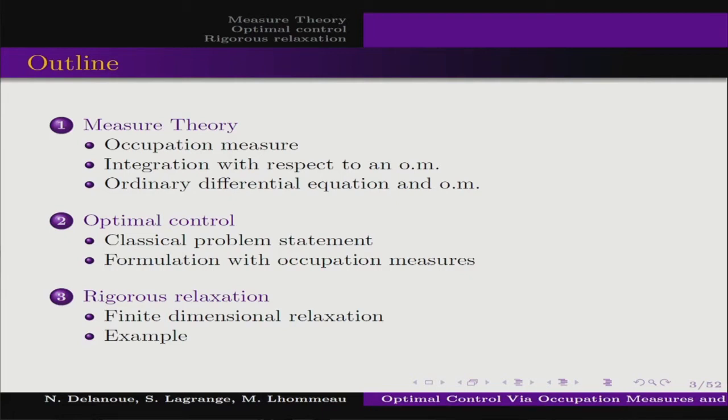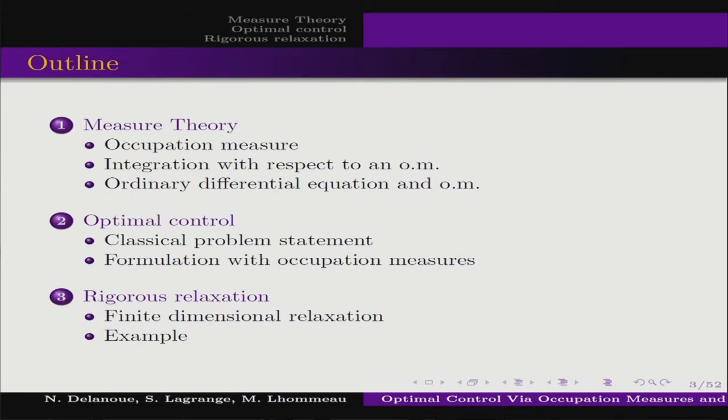And also, when you have an ordinary differential equation, it is possible to rewrite this ordinary differential equation into a linear equation over the occupation measures that we are going to consider. So the first part is really about measure theory. It's maybe the most important part to understand.